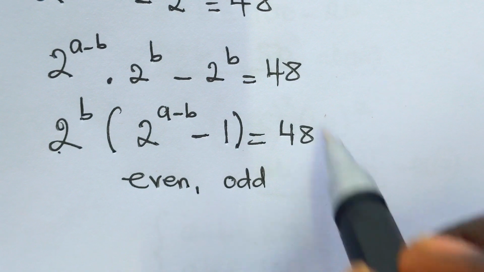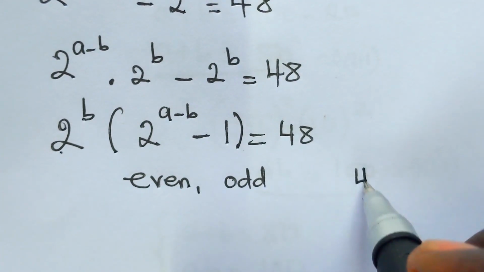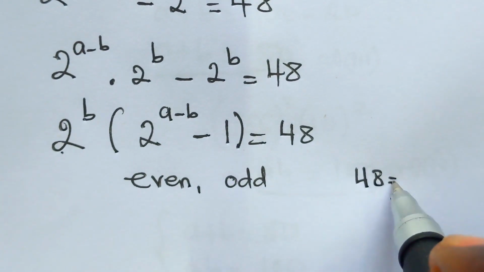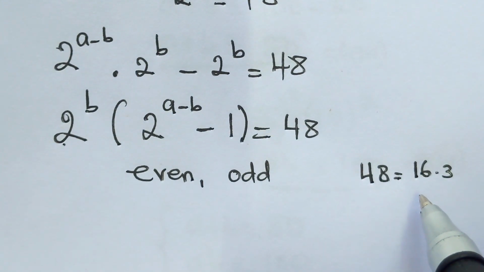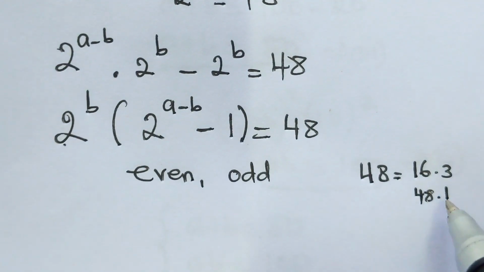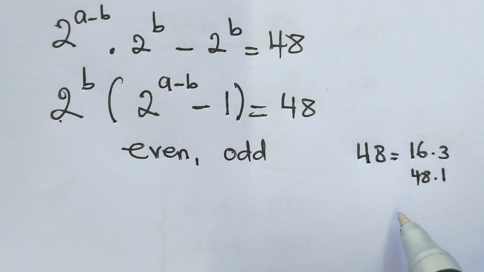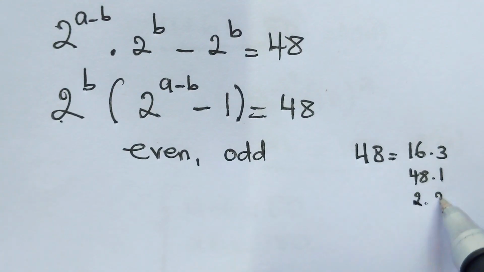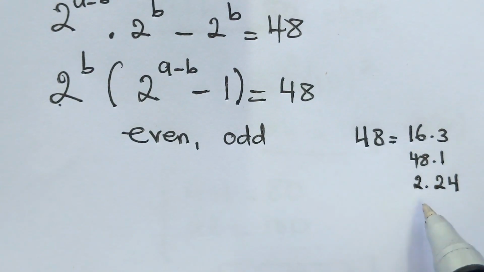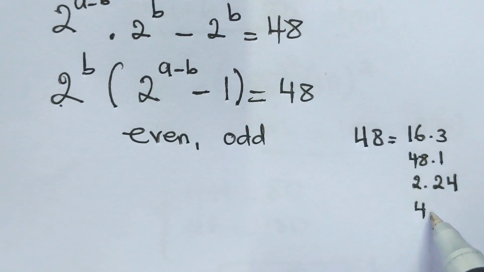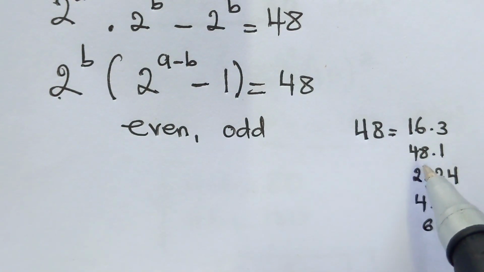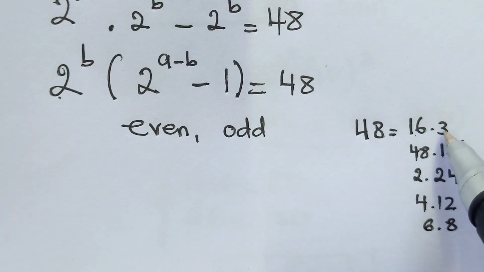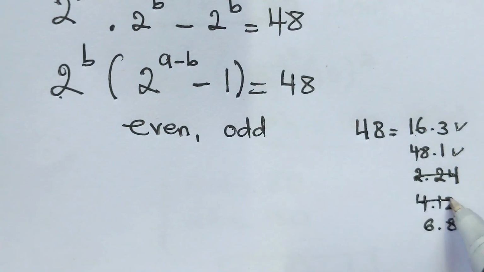We're going to find the numbers whose product can be equal to 48. 48 can be 16 times 3, 48 times 1, 2 times 24, 4 times 12, and 16 times 8. Because we are considering even and odd, we take this one and reject the others, because we have even.